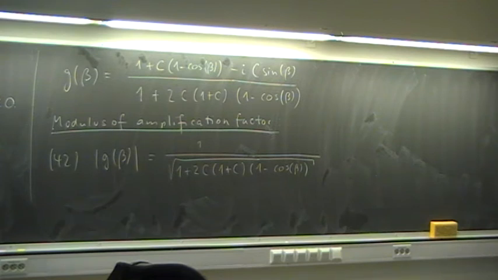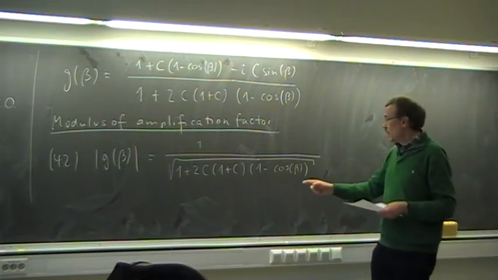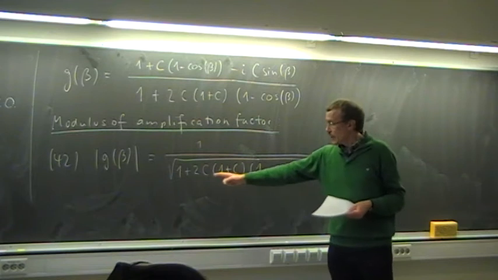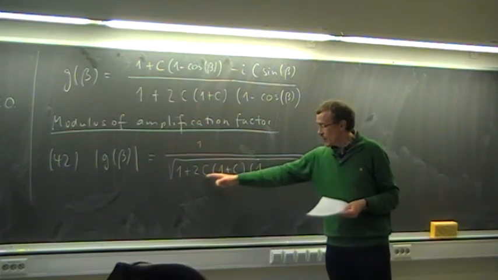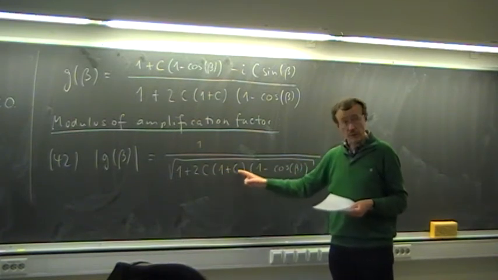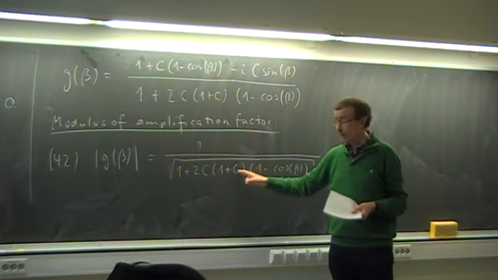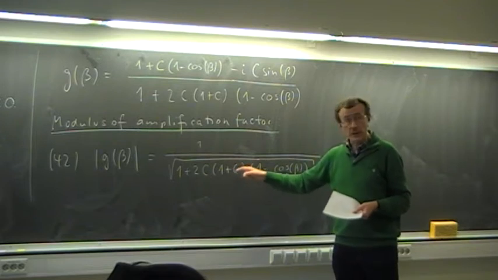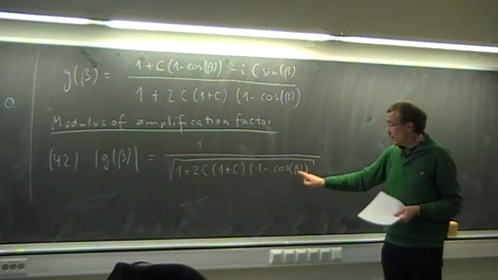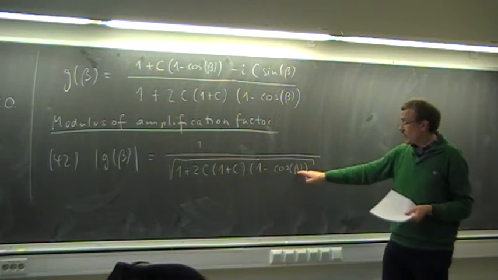And the interesting thing for this is we can now go with the current number wherever we want. We can also go to very large ones. And if we do that, we can just think of it. If we take very large current numbers here, then that will get large, and 1 plus c will get very large. So we get essentially c squared in the denominator. As long as beta is not 0.